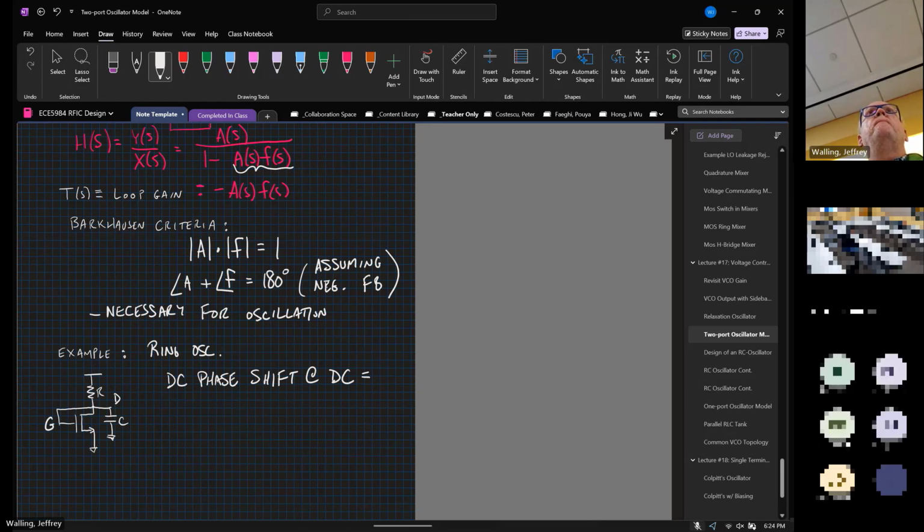Yeah. 180 degrees. It's an inverter. Now, I know I said at DC, there's no phase shift at DC, but at very low frequencies, very close to DC, it's 180 degrees. What phase shift does the RC circuit contribute?